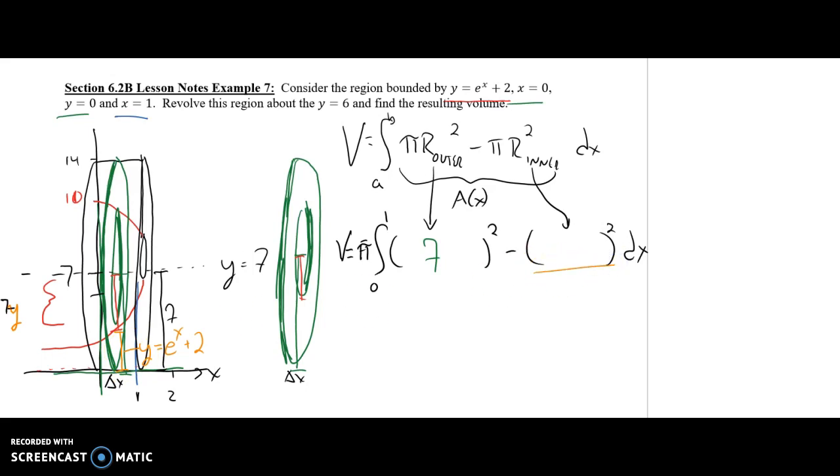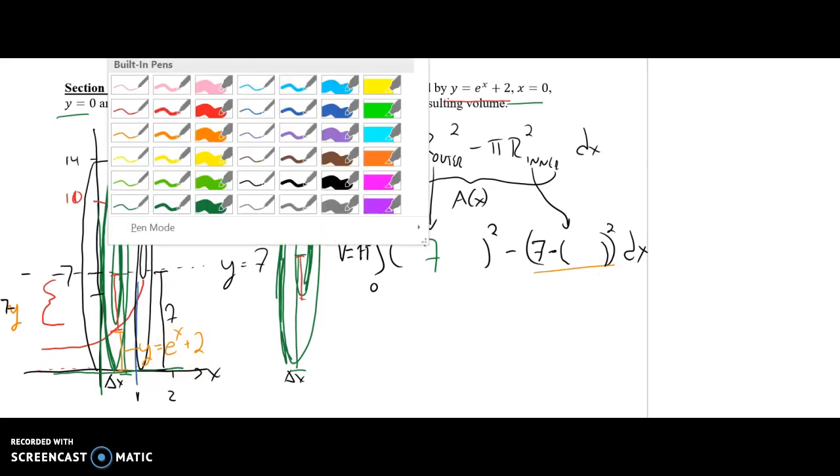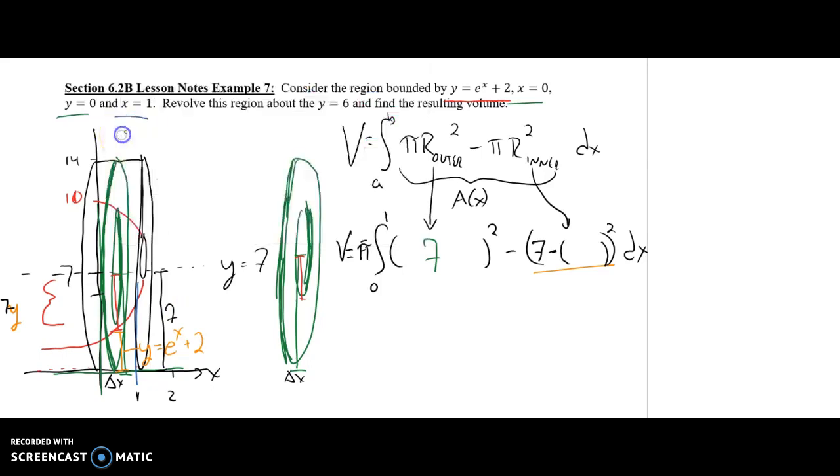And so what we're going to have here is 7 minus, then I have to subtract this orange, y equals e to the x plus 5, and I'm going to need to write it as e to the x plus 5. And that whole thing is going to be subtracted from the 7 because it's now about a different axis.